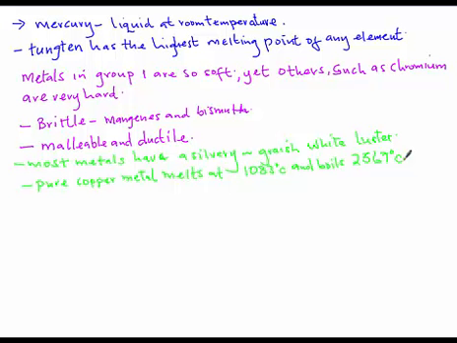It can be readily drawn into wire or pressed into thin sheets, and because of this it is used in turbines. So copper conducts electricity with little loss of energy.